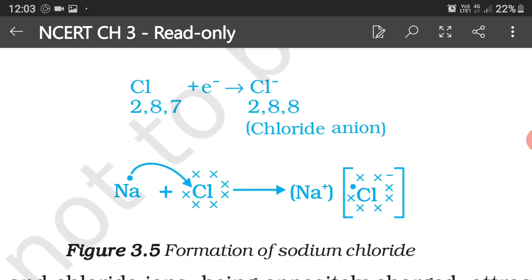So you have to keep in mind the rule in the electron dot structure that you will always put only the valence electron symbol. Sodium has 1 electron in its valence outermost shell, thus 1 dot has been shown for the valence electron, and chlorine has 7 valence electrons, so 7 crosses have been shown here.